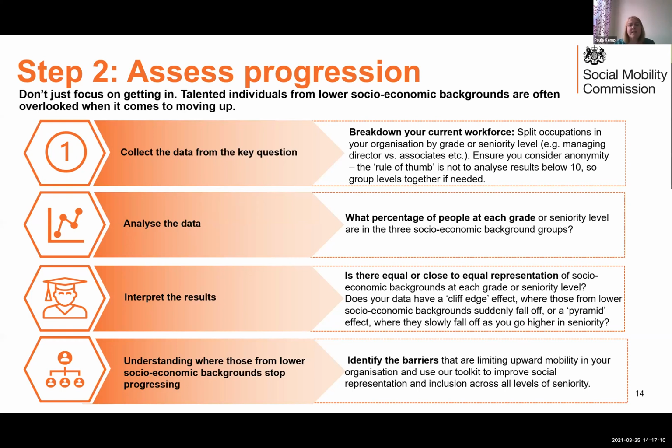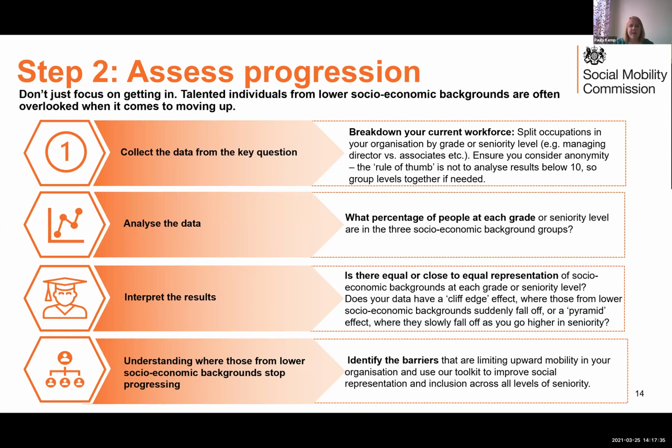So definitely collect the key question and cut it down into the levels within your organisation and see where there are differences. Analyse where increases might be needed, or where targets need to be set, to really understand the level of seniority within your organisation.